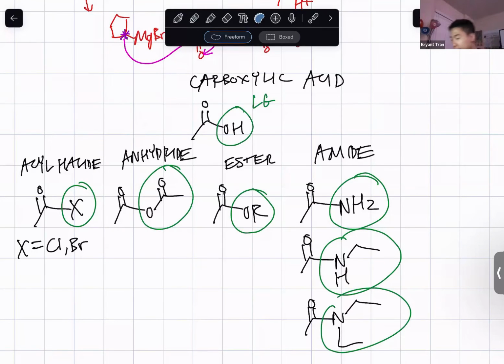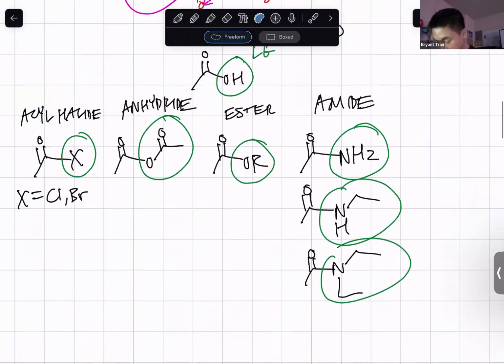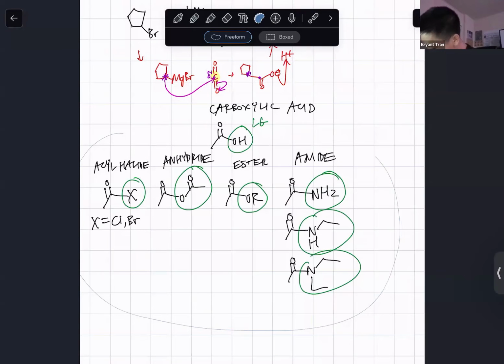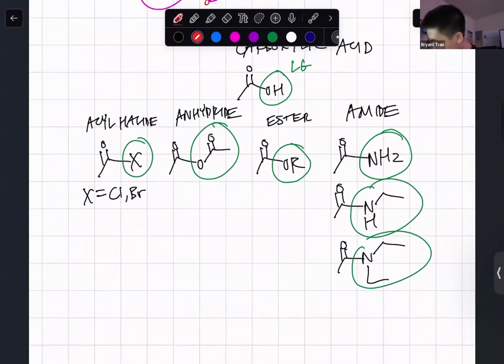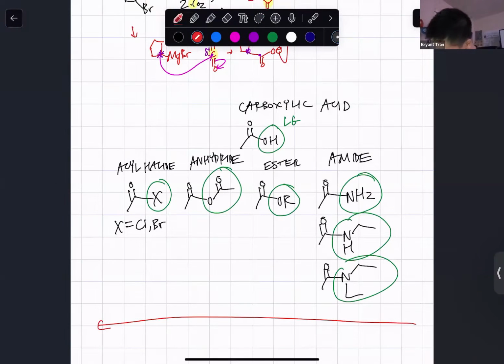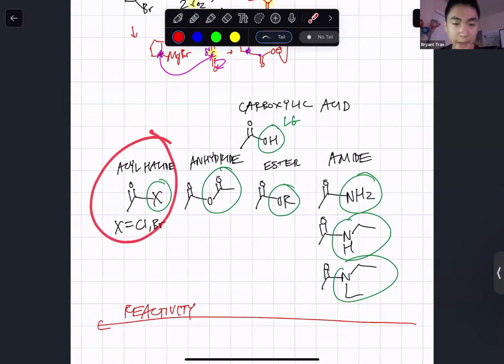Each one of these carboxylic acid derivatives will have different properties, different reactivity. In this specific order that I gave you, the reactivity will increase from right to left, meaning that the acyl halide is the most reactive derivative out of all of these.